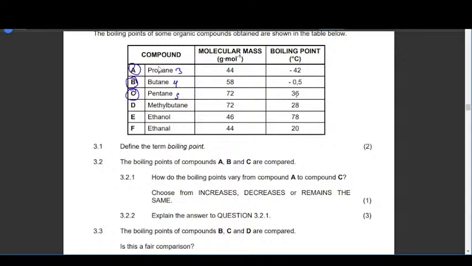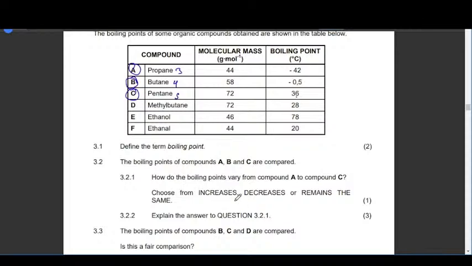Then they are saying, give a reason for your answer. Yes. If they ask you why they vary, it's because of the increase in the number of carbon atoms. So the intermolecular forces of attraction increase, therefore they require more heat to break those bonds. And if you look at this, you'll find out that there are London forces here. Yes. Okay. Then let's say, how do boiling points vary from A to compound C?